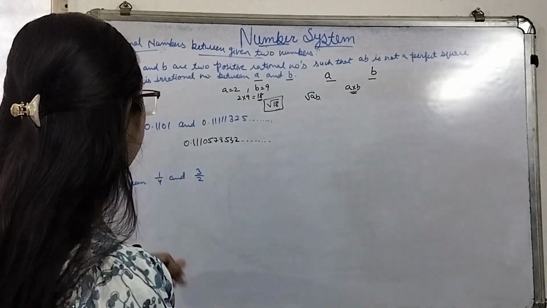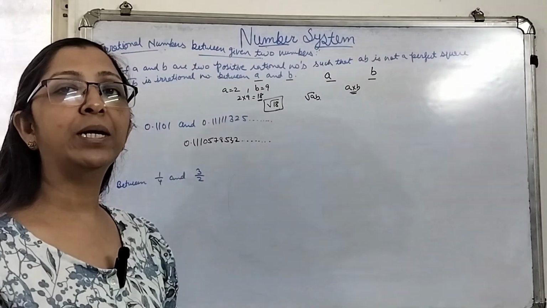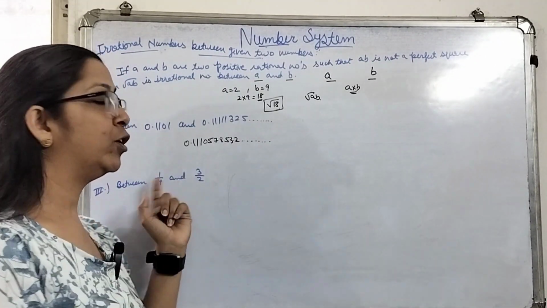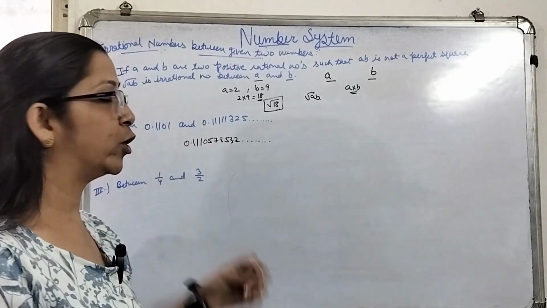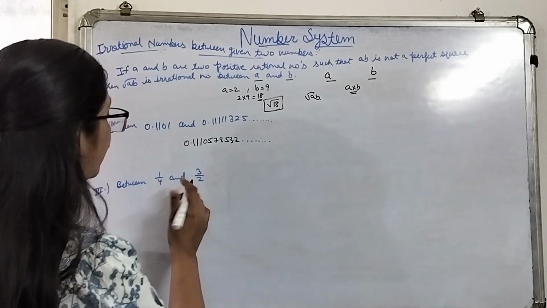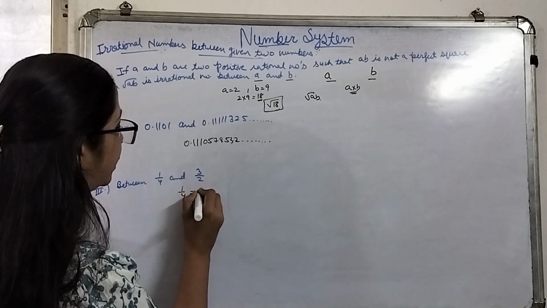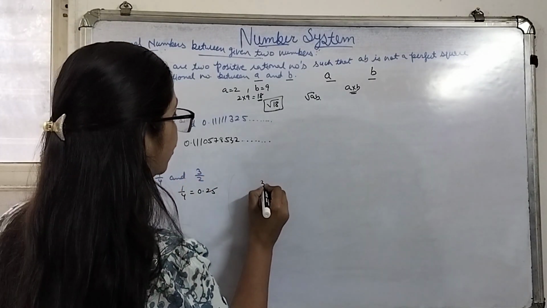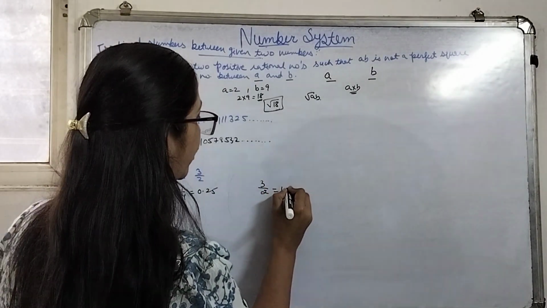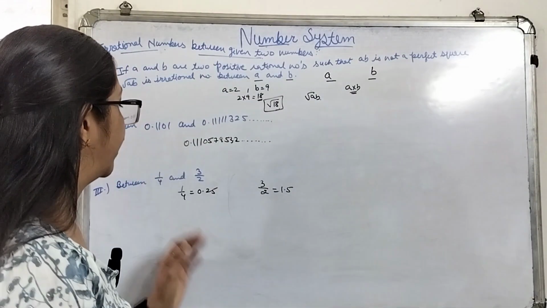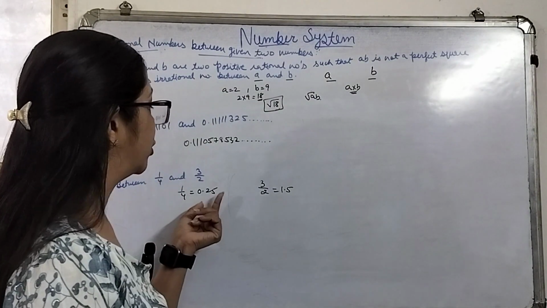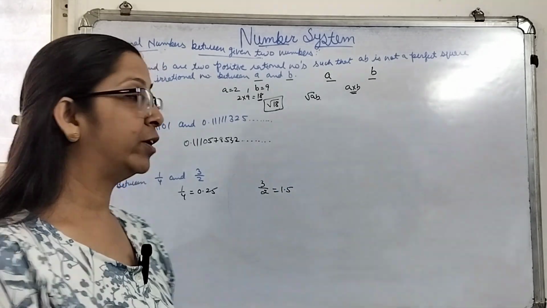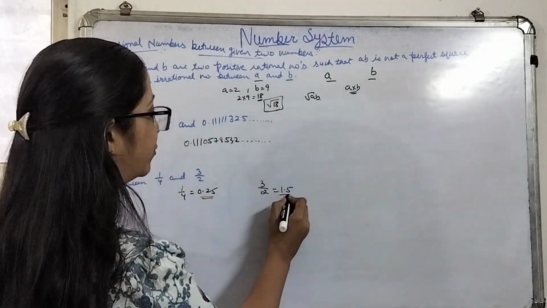So anyhow we can write any number of our choice. Now the third condition is if numbers are given in terms of p upon q. In this form, first of all we will convert it into decimal representation. So 1 upon 4 could be written as 0.25 and 3 upon 2 could be written as 1.5, as we can see by dividing. Now we have the decimal representation of these numbers.